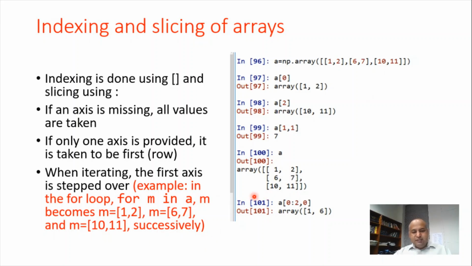Because this is consistent with what I was saying here, that if you only specify one index, that index is the index of the first axis. So it iterates over elements along the first axis if you specify an array in a loop like this, for m in A. Okay, so this is how we can access different elements in arrays.